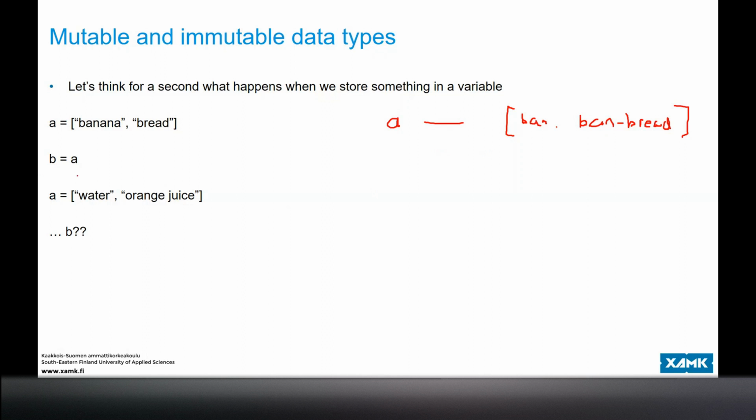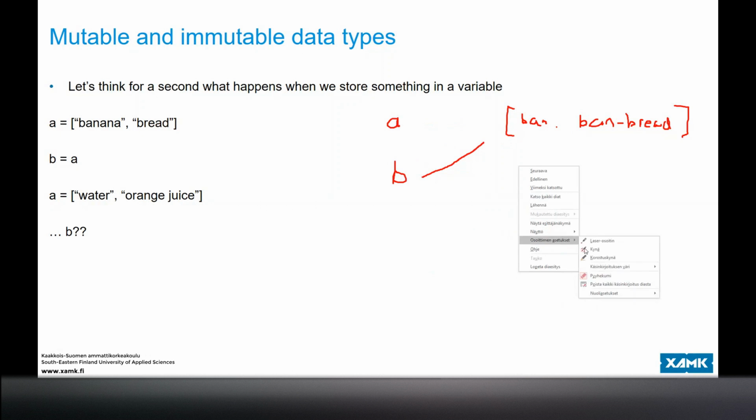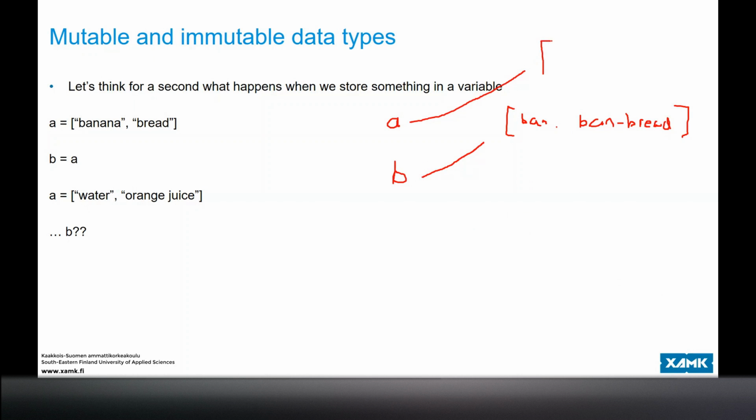Then what happened next is we had this variable b, and when b is put to point to the same place where a is pointing, the association is going to be between b and this already existing list. And of course, later on, when we redefined what a is, we got rid of this association and then simply pointed a to some data structure somewhere else in the memory, like this.